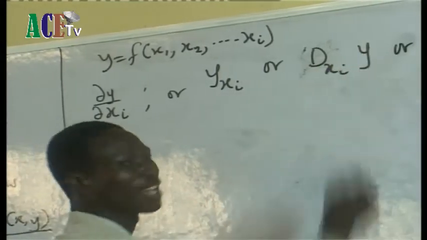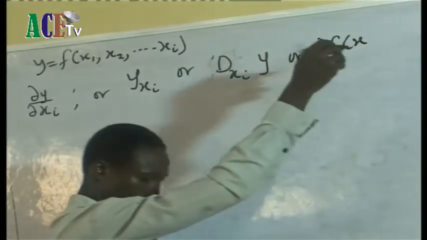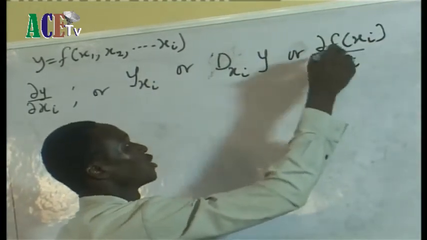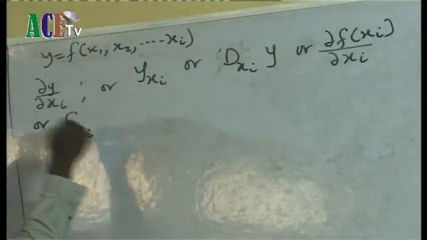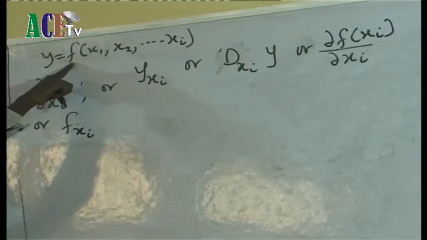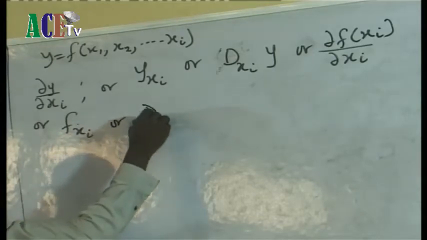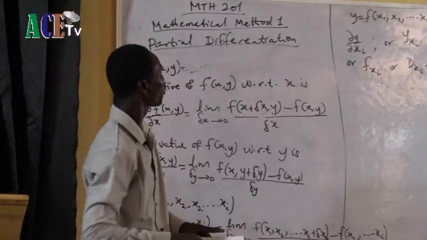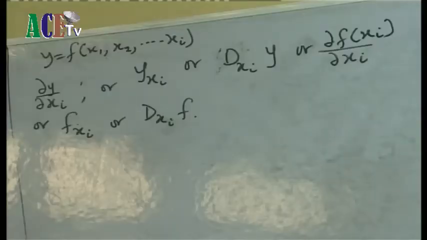I can still write it as the partial derivative of f with respect to xi, this f is a function of xi, or the xi of f. So I can write it in different ways. So if you see any of these in a test or exam, they mean the same thing.